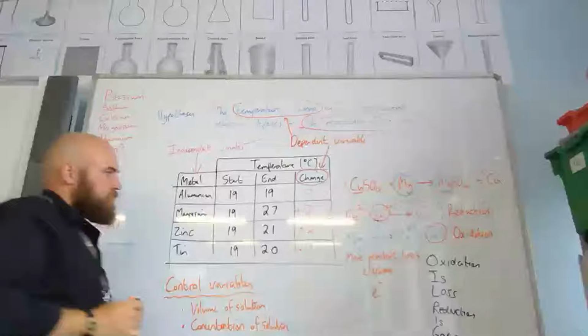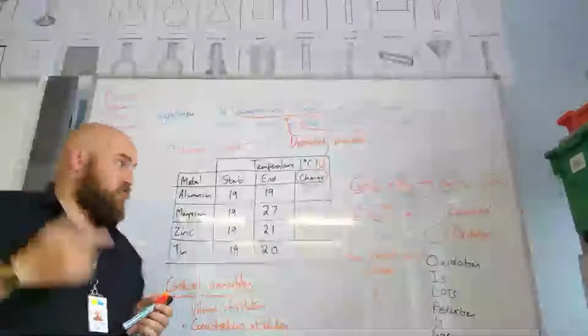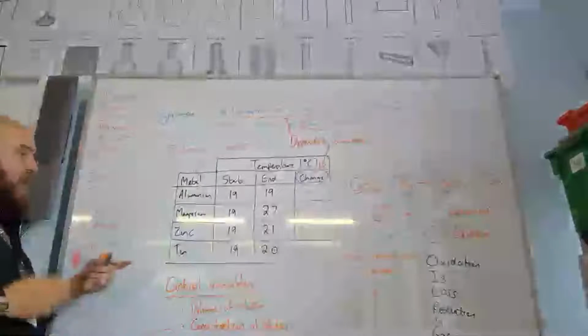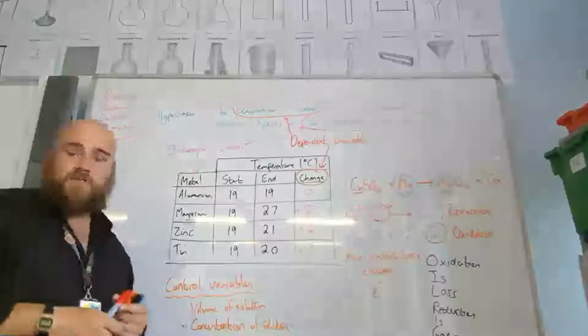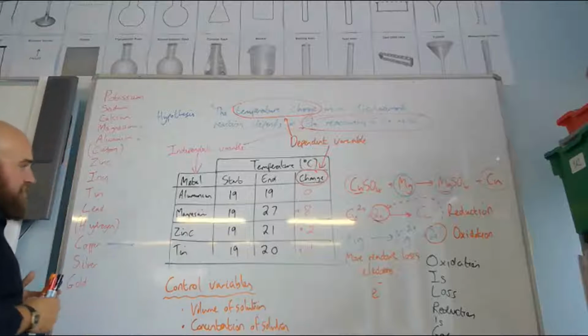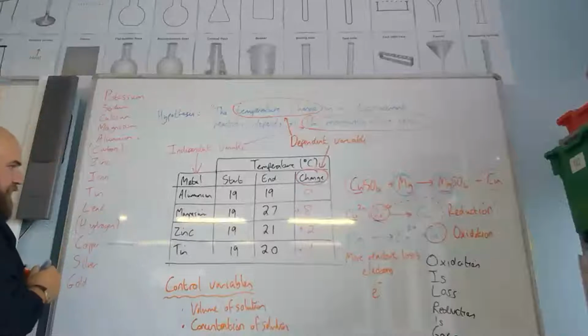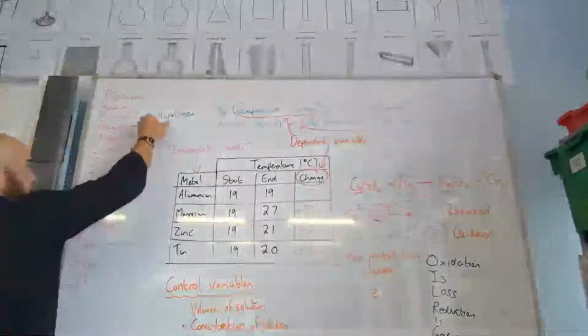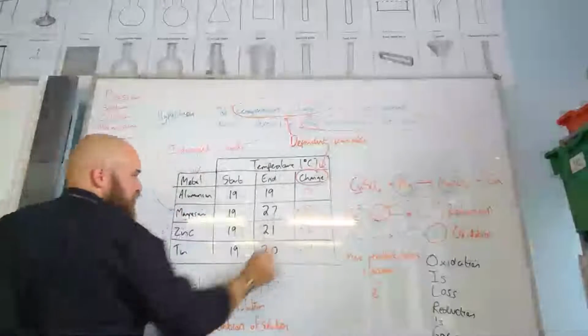Yeah. So before we start looking at that question about the graph that you've got, does the reactivity of the metal affect the temperature change in a displacement reaction? Can we draw a conclusion from this? You could, yeah, there is a trend, all right, that the most reactive metal was magnesium. So magnesium is most reactive. And it gave us the biggest temperature change.